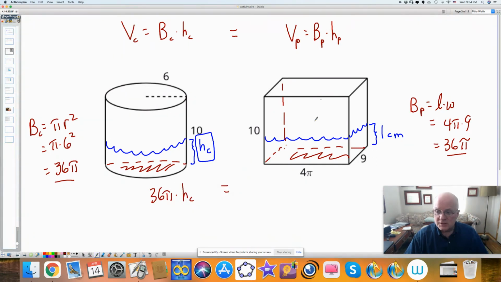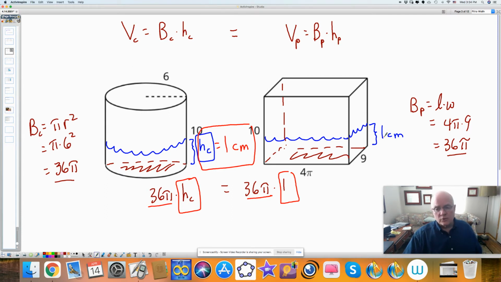When I substitute this in, I get 36 pi times 1, because my height over here is 1. And you'll notice that these are the same, so what I'm multiplying it by should also be the same. My height here is going to be 1 centimeter, and I'll circle my answer.